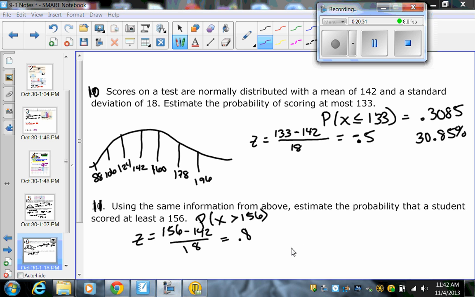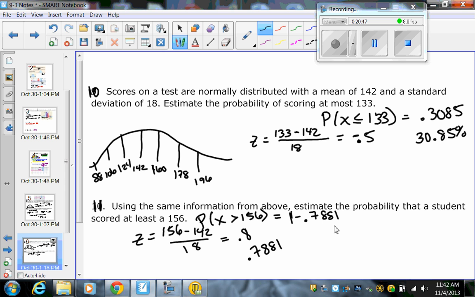So if we look at our chart for 0.8, we get 0.7881. But because this is a greater than, we know we have to take that and subtract it from 1. So we get 0.2119 or 21.19%.